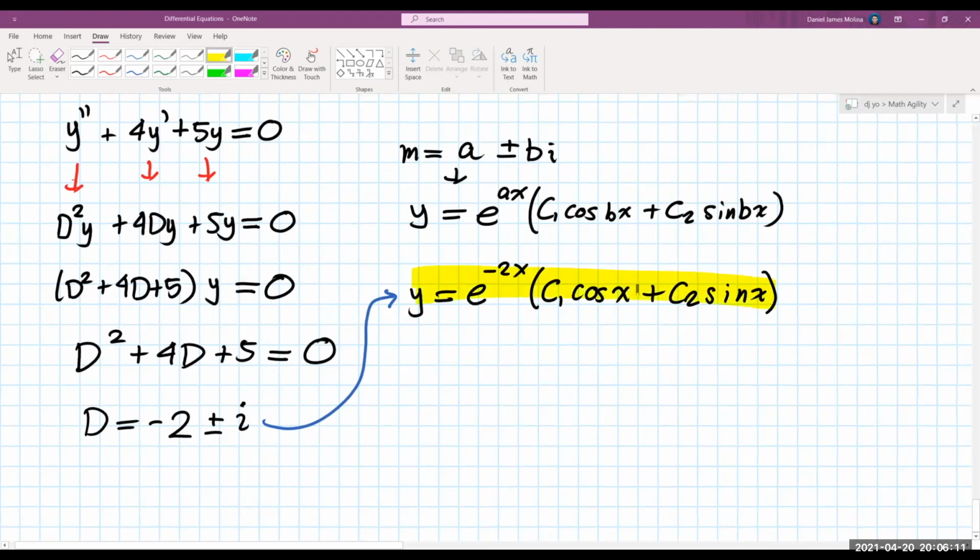It's actually that quick to solve homogeneous higher order linear differential equations. Once the right hand side is not equal to zero, then we will have to solve two times.